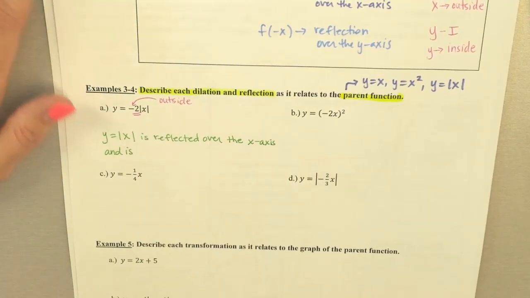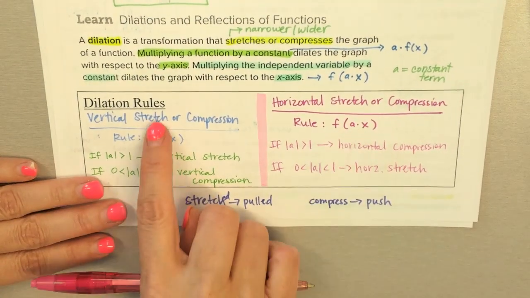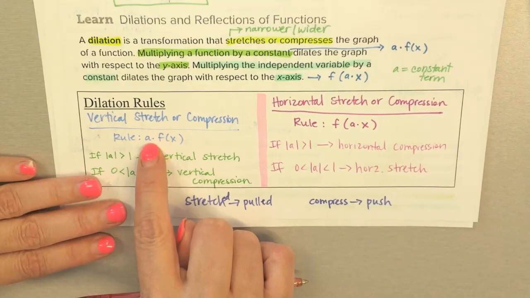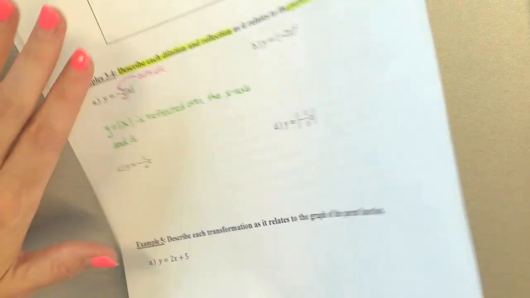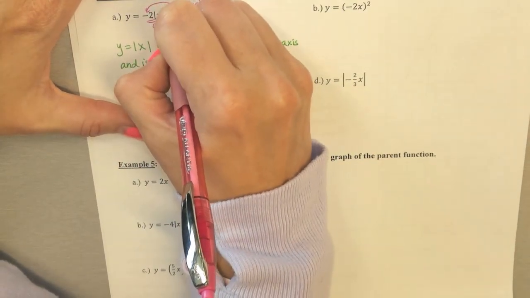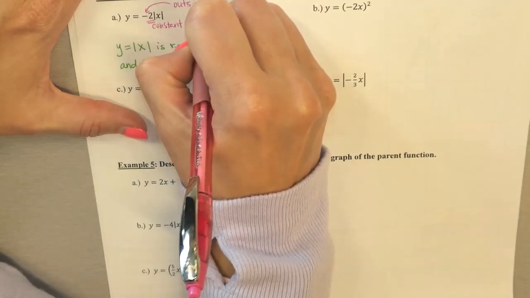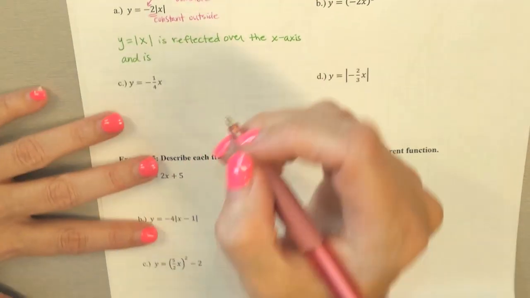Okay, so the rule is either that the value is applied to the independent variable or to the entire function. So this is outside, this is inside. Okay, so this here is a constant that's outside. And what's the absolute value of negative 2? 2.